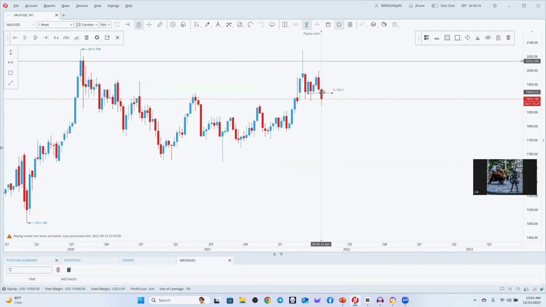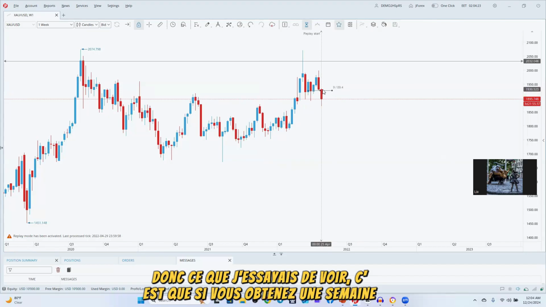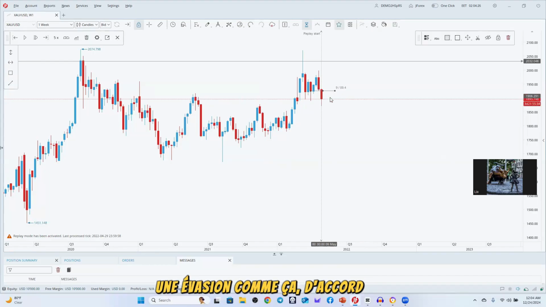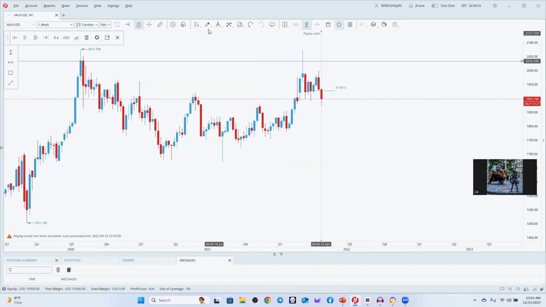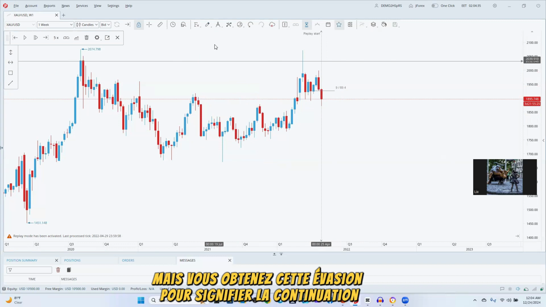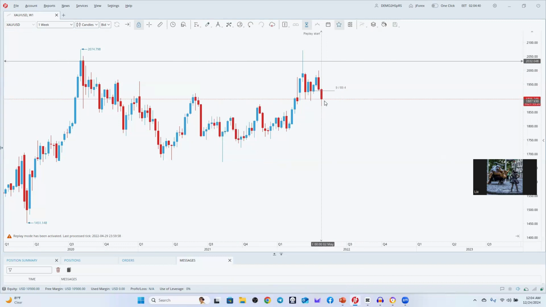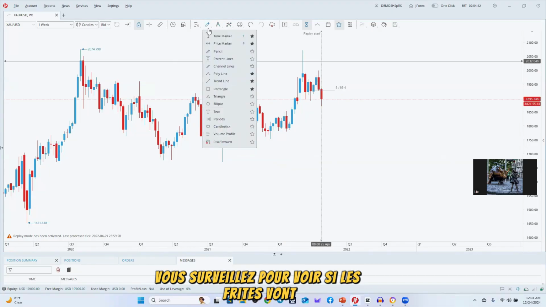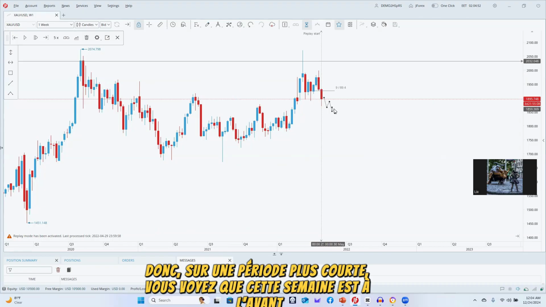Okay, now what do you have? You have a weekly breakout. So what I was trying to say is that if you get a breakout like this, this tells us this is continuation. When you get that breakout to signify continuation, you are monitoring to see if price is going to break out on a lower time frame.